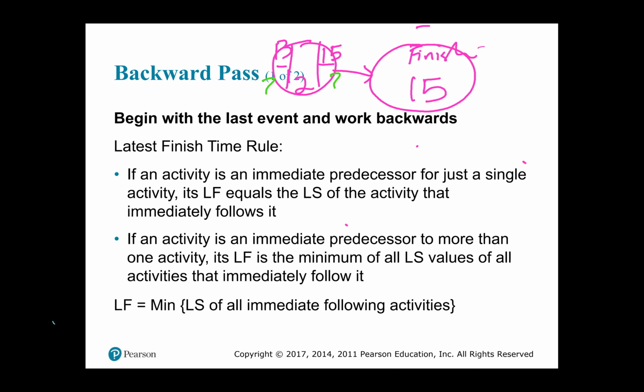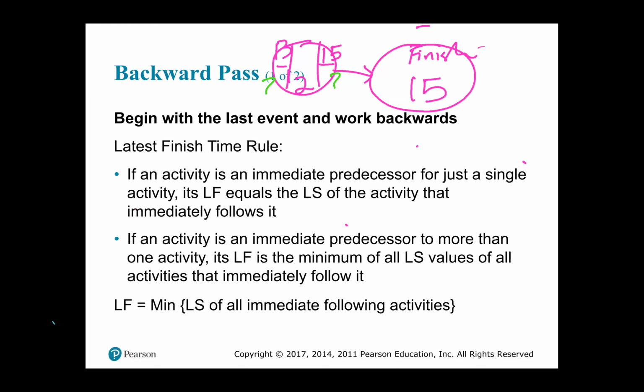Now, the latest finish rule therefore says, if an activity is an immediate predecessor for just a single activity, its latest finish equals the late start of the activity that immediately follows it.